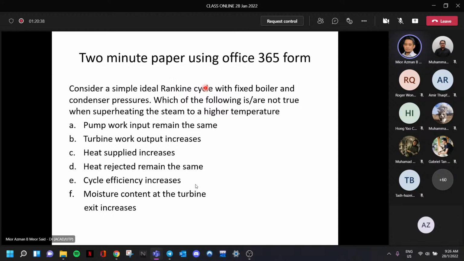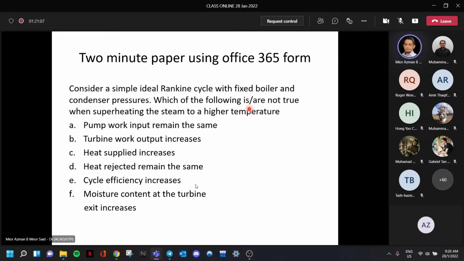It's a 2-minute paper using an Office 365 form. This is just a question. Which of the following is false when superheating steam to a higher temperature? So which one is false? A, pump work input remains the same.